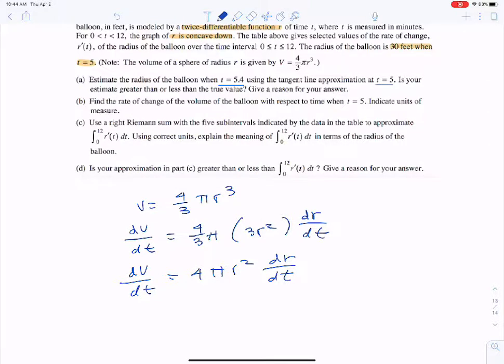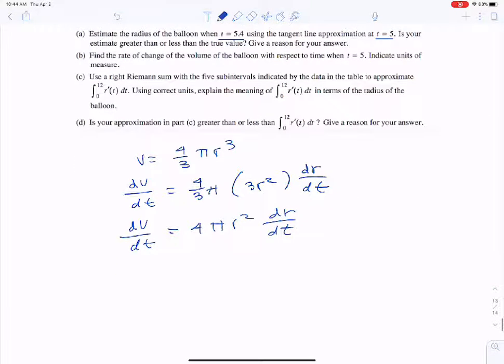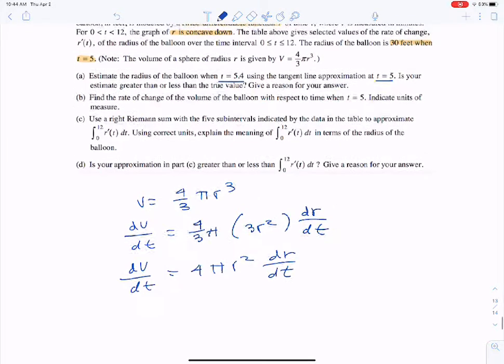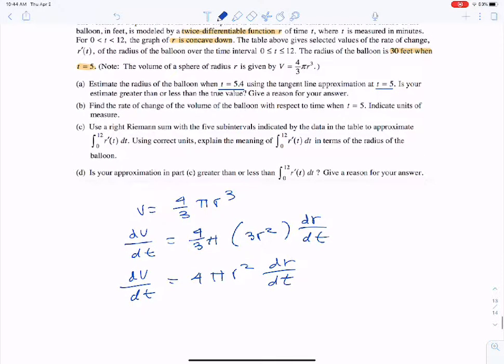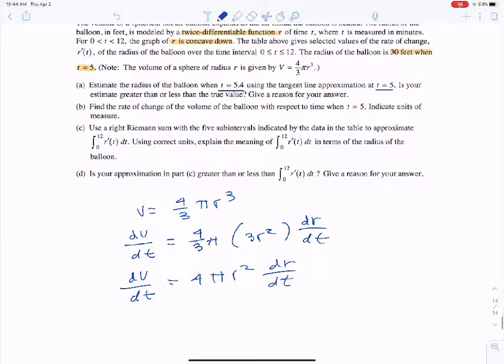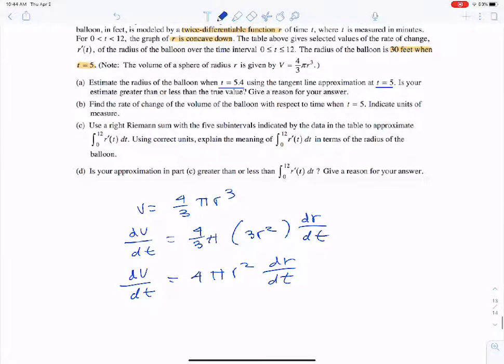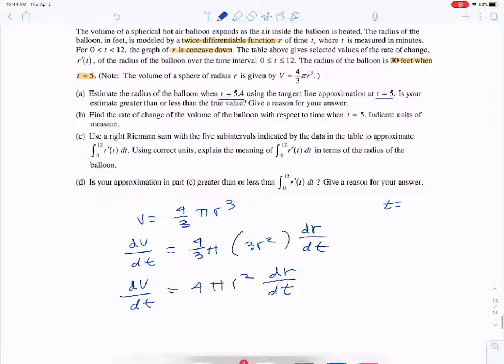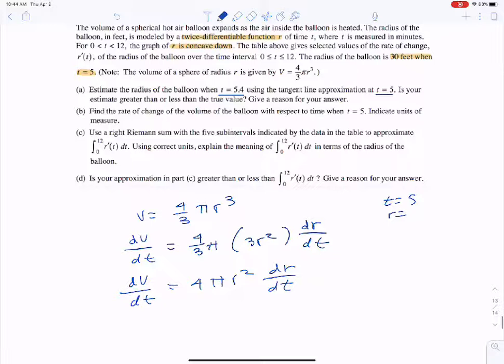Okay, from here, we're going to start plugging in some things that we know. The question was at time 5, right? So at time t equals 5, we already know that r was given to be 30.